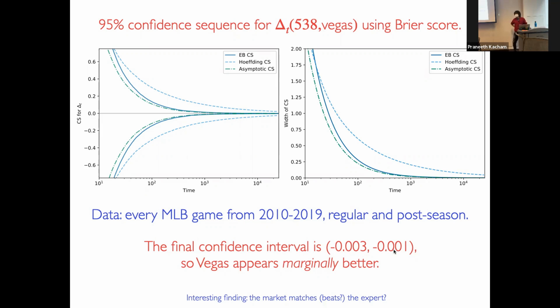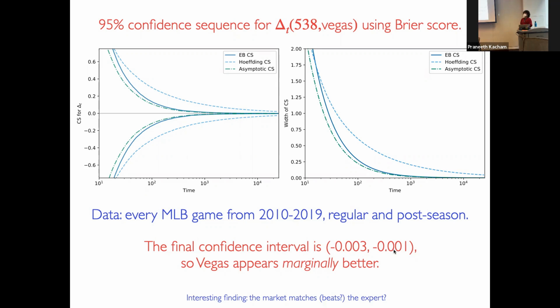The final 95% confidence interval is this. Because this is less than zero, Vegas appears to be marginally better. On average, when you average the score differentials over the first 10,000 steps, Vegas appears to be marginally better.